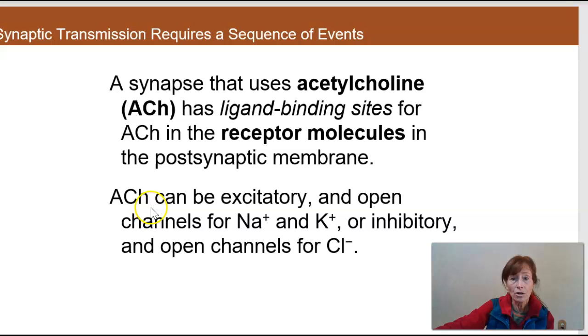In some cases, acetylcholine can act as an excitatory neurotransmitter, and it'll open channels for sodium, as you can see here, or even potassium, which is again a positively charged ion. That's the excitatory part, causing an excitatory postsynaptic potential, or an EPSP. Or acetylcholine can also, in some cases, activate other channels, which would be the inhibitory ones, opening up for chloride, which would make it, instead of being depolarized, hyperpolarize.